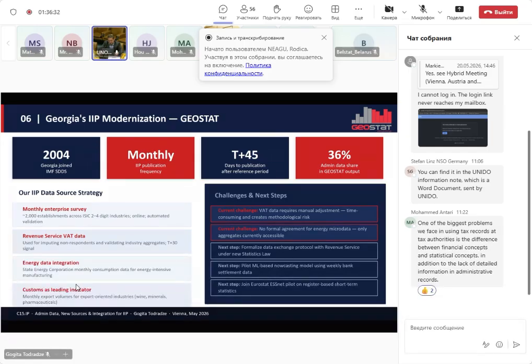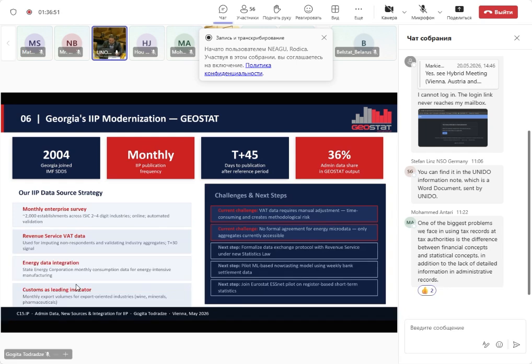Georgia joined the IMF Special Data Dissemination Standard in 2004, committing to monthly IIP production within 45 days. That commitment has driven continuous improvement.